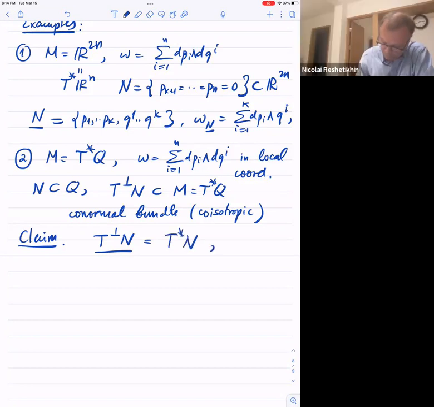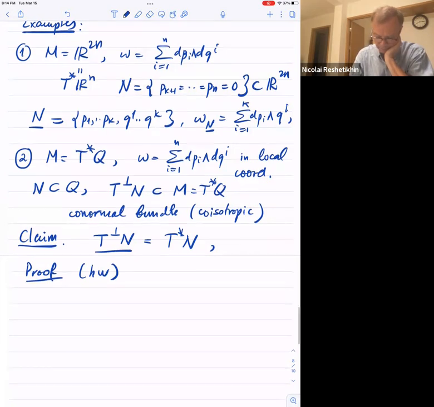So that's another nice homework. And that's the end of the symplectic reduction. And I just realized that I forgot to mention a very, very important fact about symplectic manifolds.